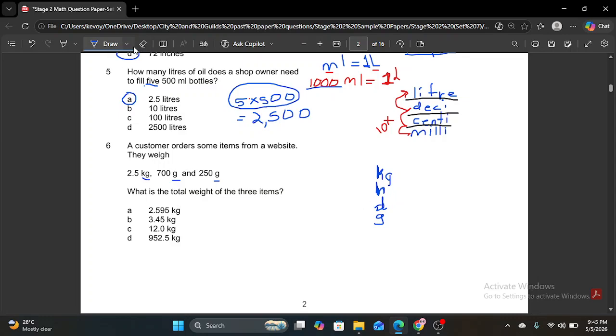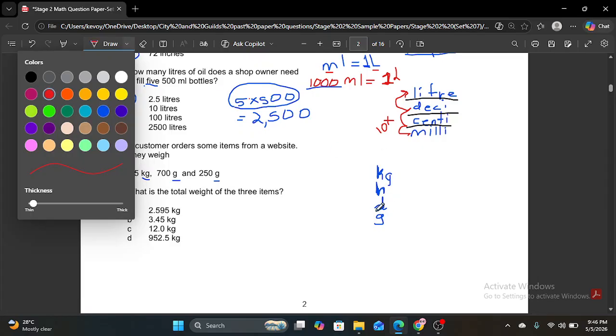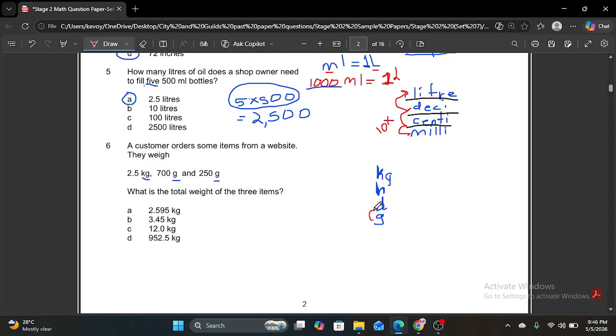I'm moving a bit fast, so I hope you guys are seeing what I'm doing right here. Every time you move up a level, you increase in multiples of 10. So 10, 100, 1000. Therefore, 1,000 grams are equal to 1 kilogram.